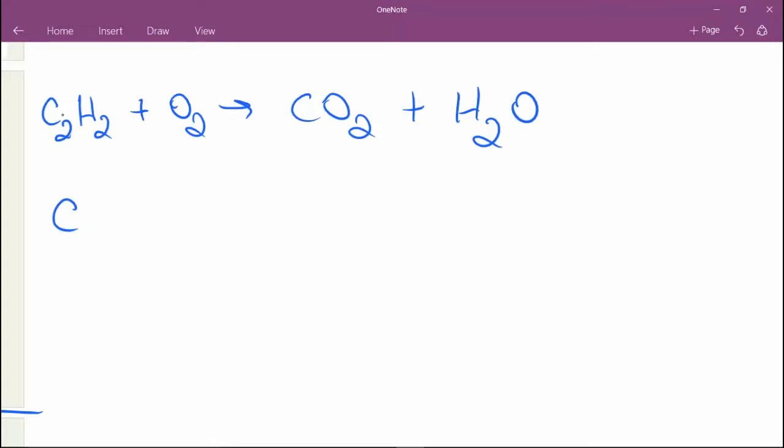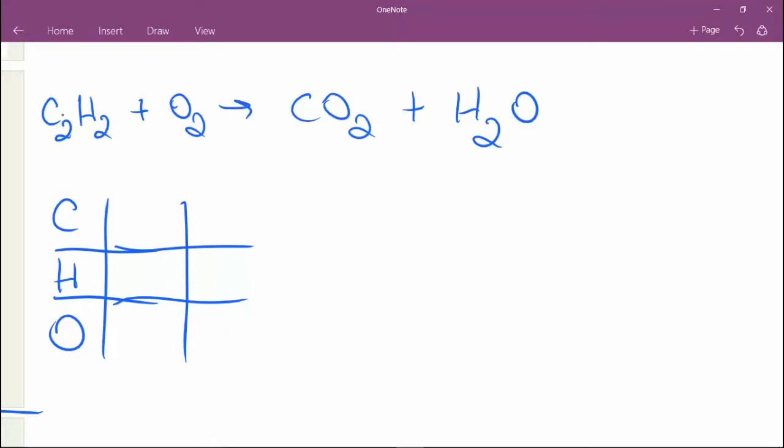So I say there's carbon, hydrogen, and oxygen in this chemical equation. So I have 2 carbons, I have 2 hydrogens, and I have 2 oxygens. And on the other side, I have 1 carbon, 2 hydrogens, 3 oxygens. Carbon dioxide plus water, I always like to think of that as 1, 2, 3. CHO, 1, 2, 3. Carbon dioxide and water.